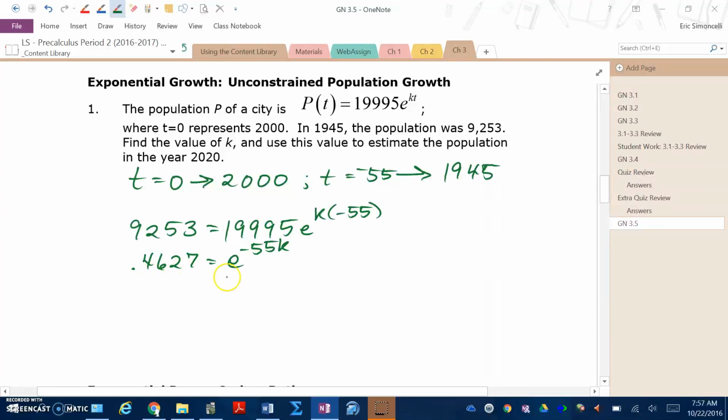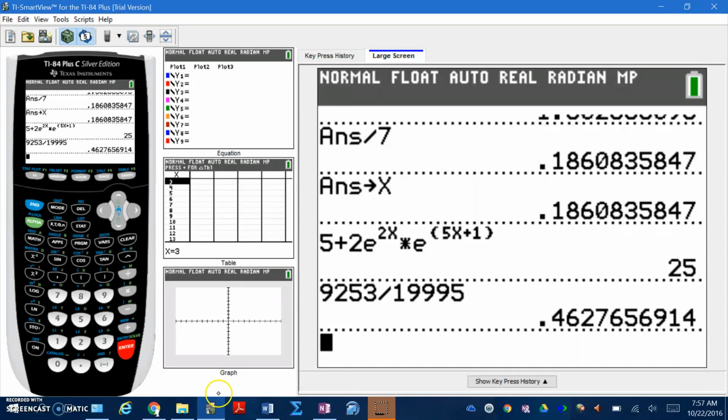To solve this equation, I could take the natural log of both sides, or I can rewrite it, and that's what I'll do here. Natural log base e of 0.4627 equals negative 55k. It is imperative that you leave this number on your calculator, so don't use the rounded decimal. Leave it on your calculator so when you take the natural log, you're not going to have any rounding error.